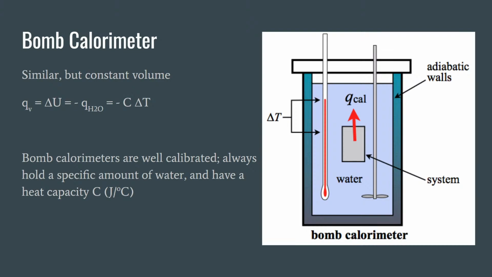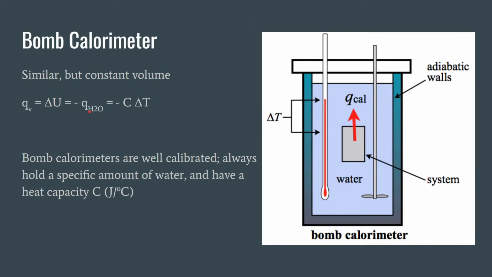Also, at constant volume, you're not measuring enthalpy, you are actually measuring the change in internal energy directly. But it's a similar sort of setup, because the heat of your reaction is still going to be negative heat of the water.